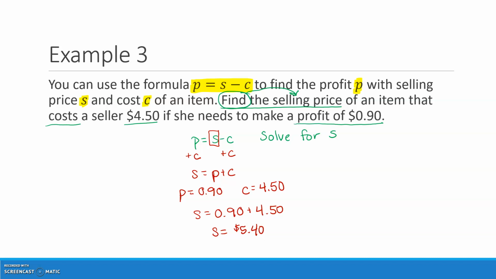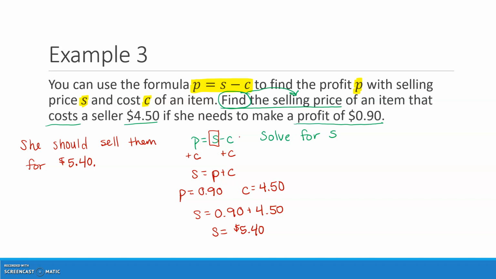So writing our sentence, we would say, she should sell them for $5.40. We don't really know what she's selling. This is a very useful formula that a lot of businesses will use.